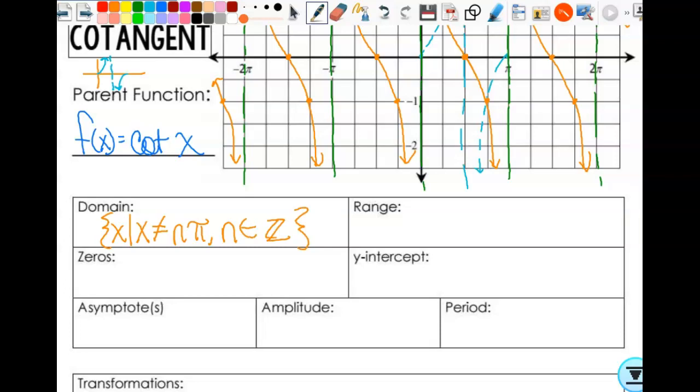Do I have zeros here? Yes, I do. I have an infinite amount of them. And they happen every pi, but it starts at pi halves. So I would say it's the set of all x's such that x does equal n times pi plus pi halves, where n is an element of the integers.